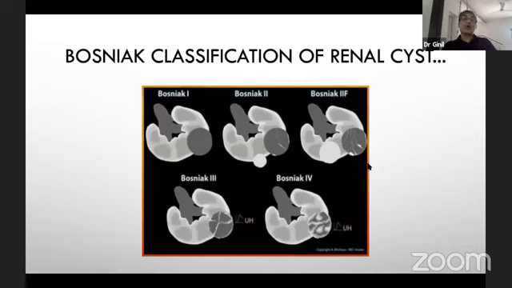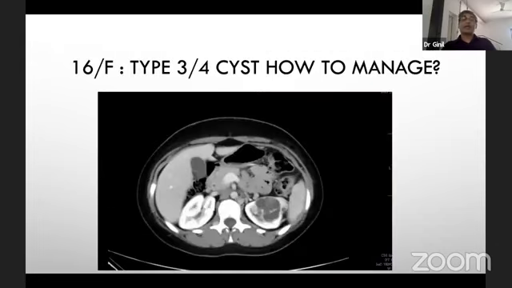Another issue is with the Bosniak classification. You know that the Bosniak classification has stood against time for more than 30 years. But Bosniak 3, 4, and 2 can actually cause a lot of confusion and diagnostic dilemmas. This girl, a 16-year-old studying in her PUC, presented with a complex cyst.